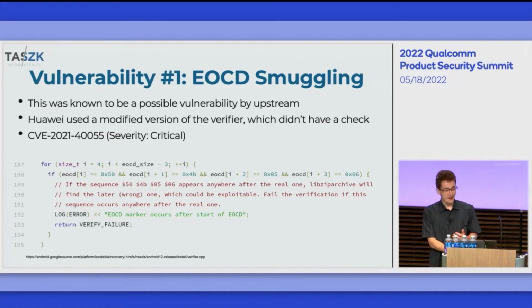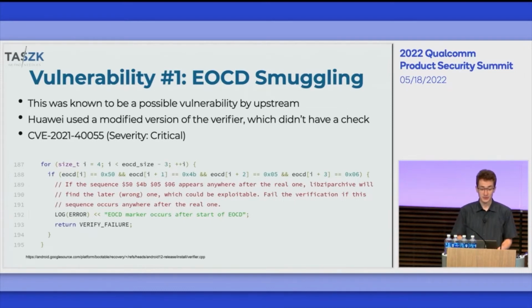As it turns out, the Android engineers thought about this vulnerability, and it can specifically be found in the source code of this verifier code, which checks for the EOCD magic number appearing after the real EOCD, so that mitigates this vulnerability. And in fact, that was a very big hint for our research to check it on Huawei devices.